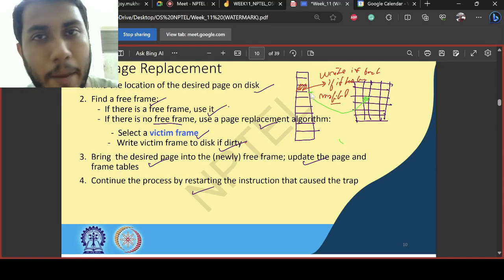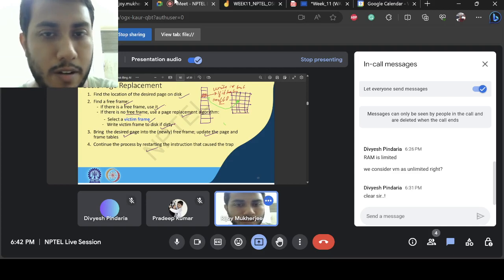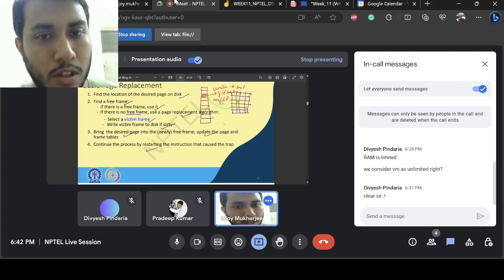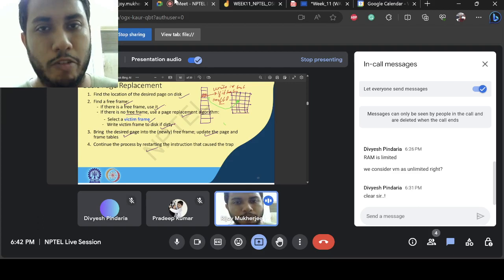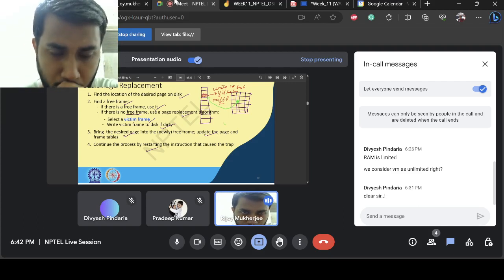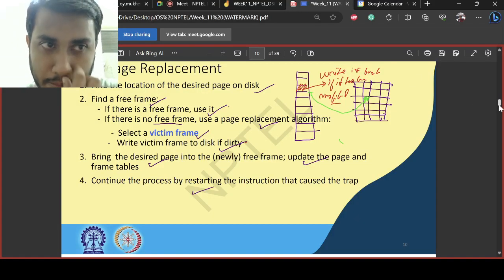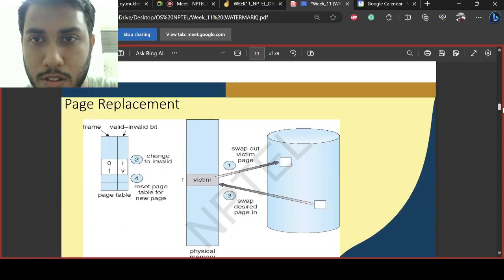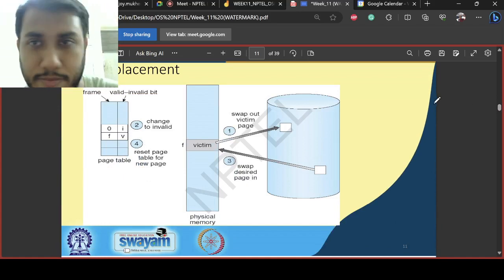So that is your basic page replacement algorithm. You just find a free frame. If there is no free frame, then only then you swap one out and swap in the desired page from your main memory. So this is the algorithm that I was discussing.